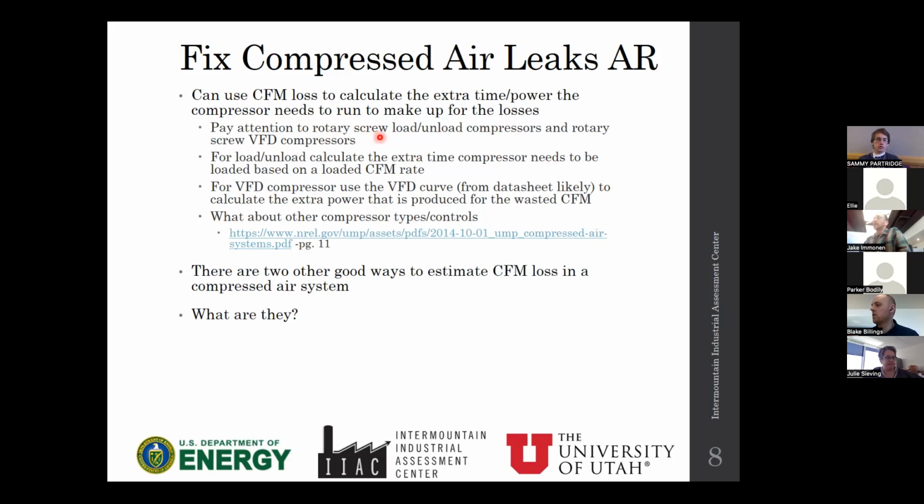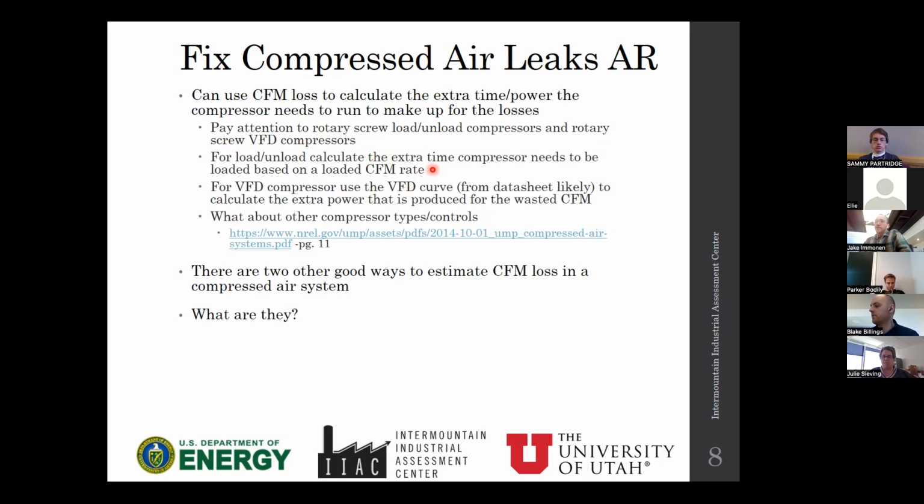The most common thing I've seen is rotary screw compressors in load unload control, or a rotary screw compressor with a VFD on it. And for the load unload, how I've thought about calculating the extra kilowatt hours is to use the loaded power of the compressor.